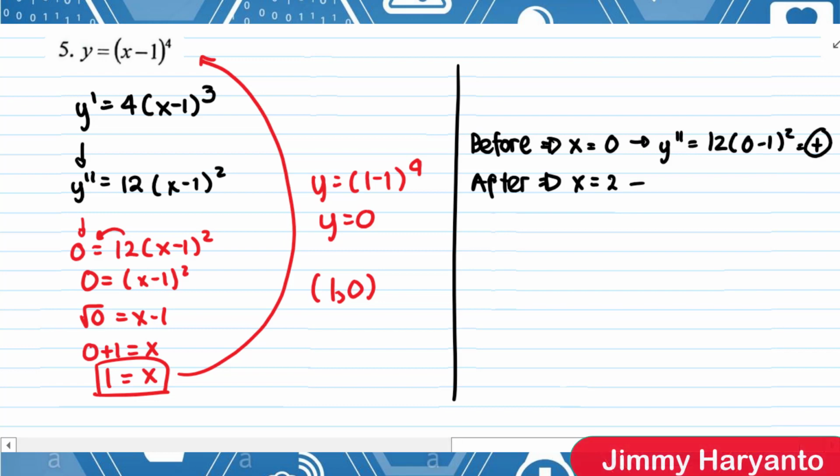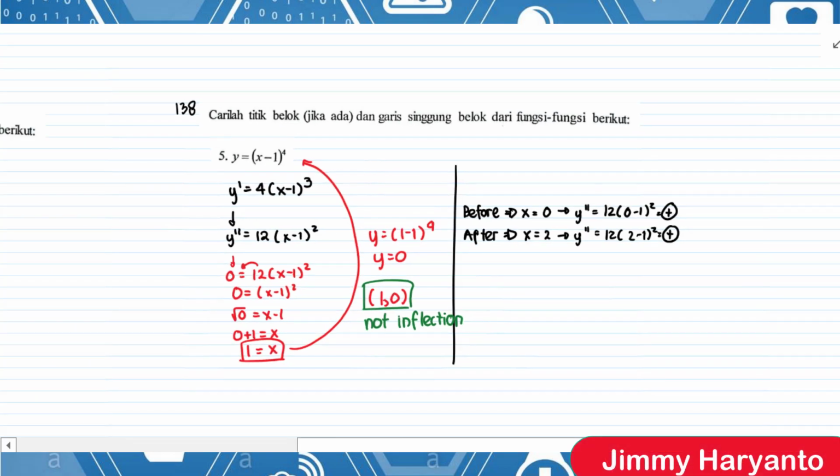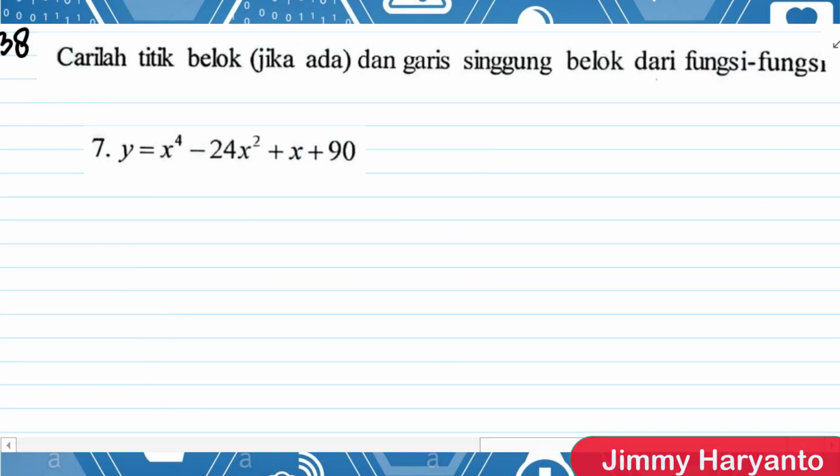It's positive. And for this one, y double accent will be 12 times 2 minus 1 squared, and it's also positive. There is no change in the sign of y double accent. That means this one is not an inflection point, and that also means we cannot find the line. For this number 5, it's not possible.